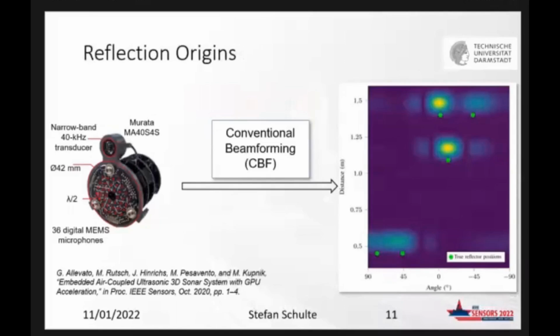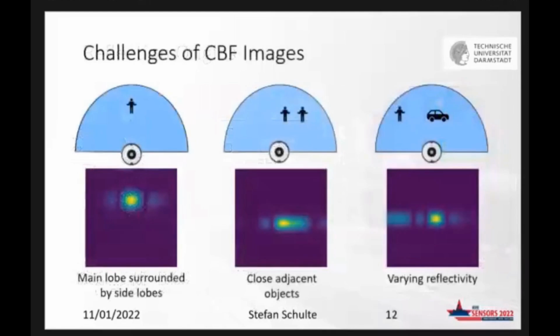As you can see here, one obstacle works fine, but if you have two side by side, the main lobes can overlap with each other or with the main lobe of the next reflection. And you have variability in the reflectivity of the objects. If you have one object with high reflectivity and one very weak, it could even be the case that the side lobe of the strong reflecting object is stronger than the weak reflection.